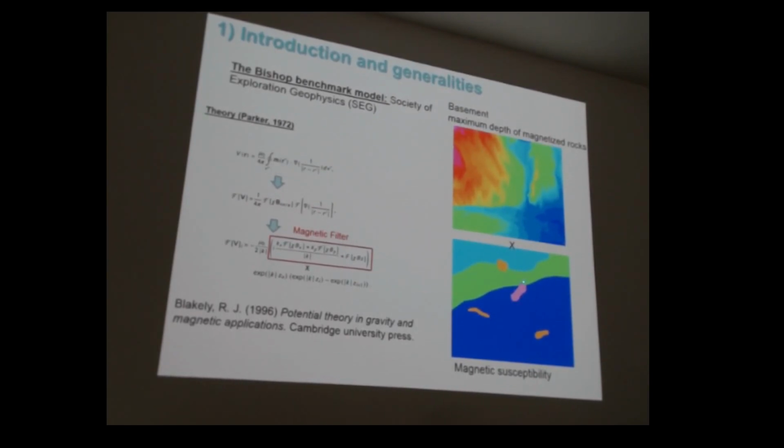And they placed bodies, very simple bodies, with different susceptibility values, values that will create magnetic fields of different amplitude. Those are strong susceptibility values, medium susceptibility values, zero here, and those are just smaller values.